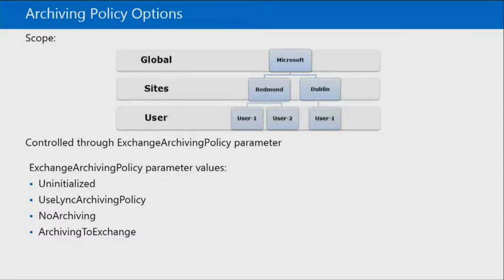We have to be able to have Exchange archiving on. And then the user will be listed in various states. If you were to get the Exchange mailbox, you would see it's either uninitialized, using the Lync policy, not archiving, or archiving to Exchange. So the various ways of seeing whether it's working or not will be seen within the mailbox type of Exchange, because that's where we're telling archiving to happen.